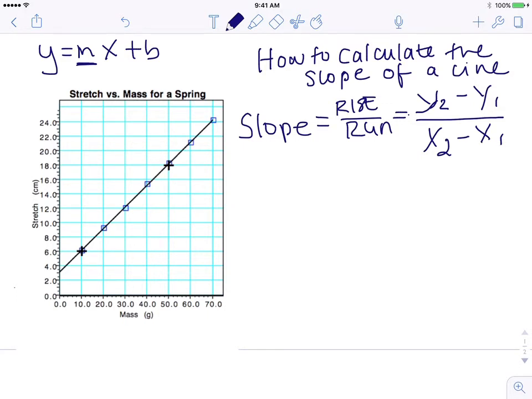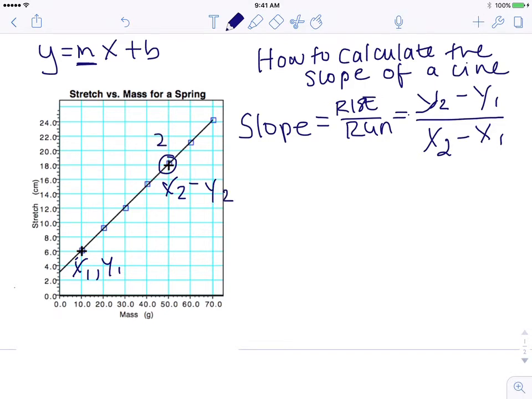So you see that they have these slope calculator points right here, and it's just those little crosses or plus signs. We're going to call one set 1, and we're going to call the next set 2, and each of those sets contains an x value and a y value. So here we have x1, y1, and up here, the other spot, we have x2, y2.